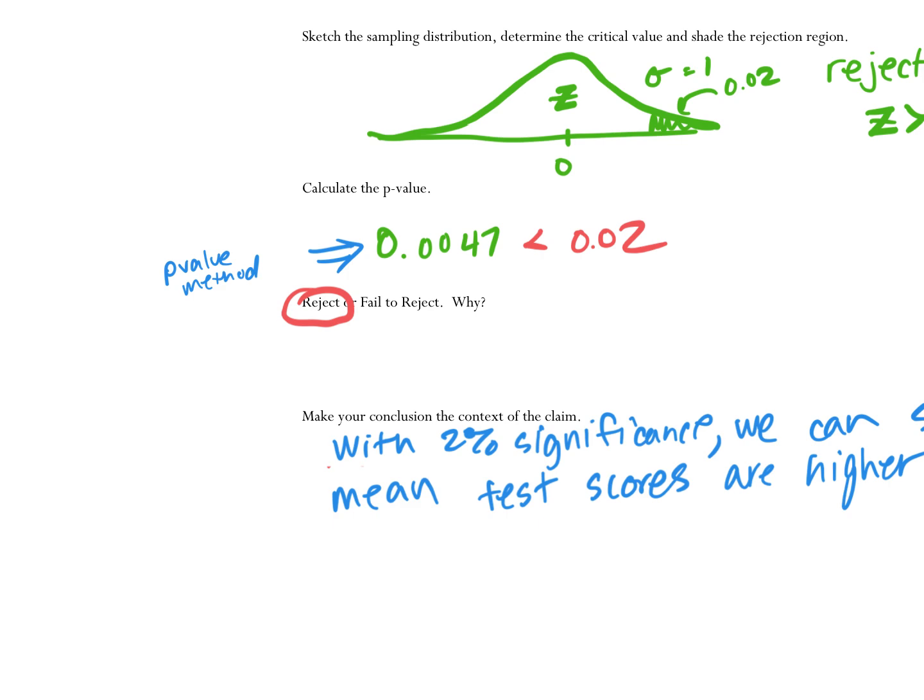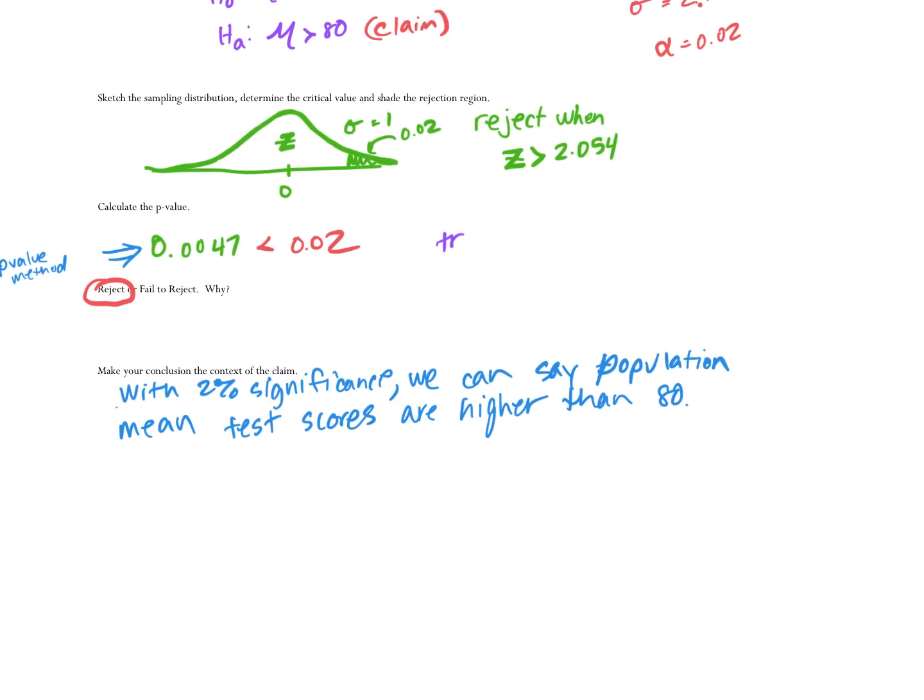If I ask you to use the traditional method, your justification would be 2.60 is greater than 2.054. So you're either comparing your z-test statistic to your critical value, or you're comparing your p-value to alpha, but they will make the same decision every single time.